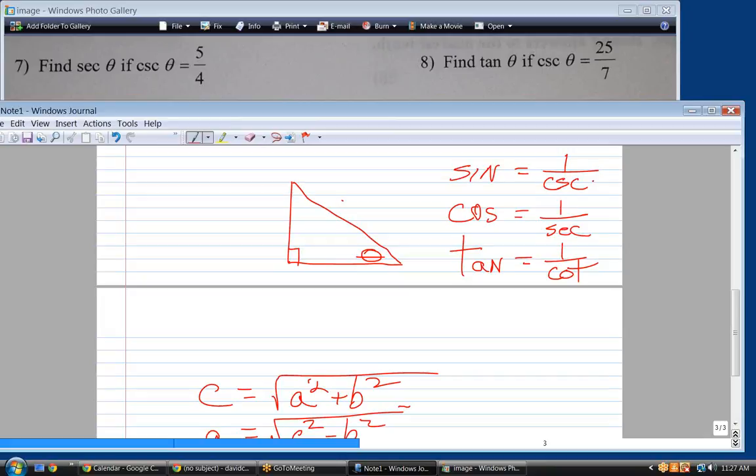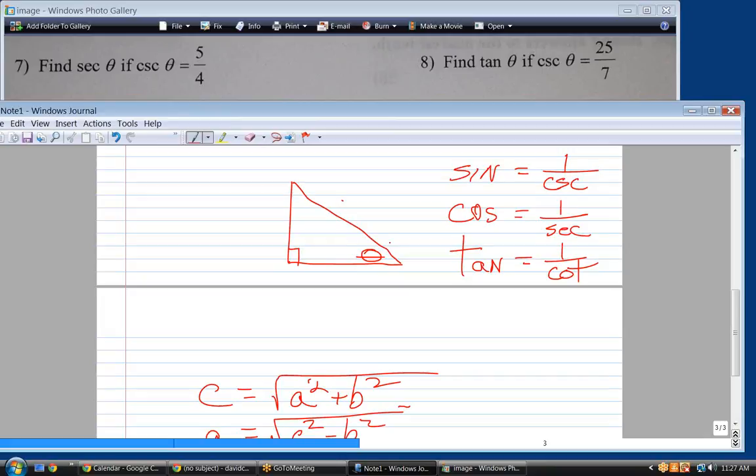So if cosecant is 5 over 4, what is the sine? And you don't need to do it this way. I just am going to encourage you to try to work with your 3 primary ones. Those are the ones that are on your calculator. Do you have a TI-84 or an Inspire? Yeah, that's TI-84. Okay, because on the new Inspire CX, they actually have all 6 of them on there.